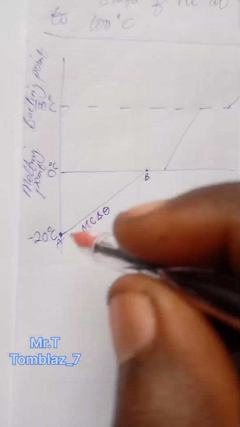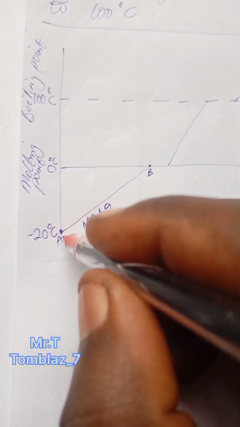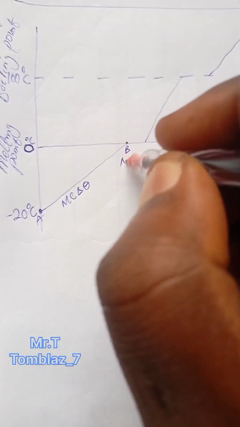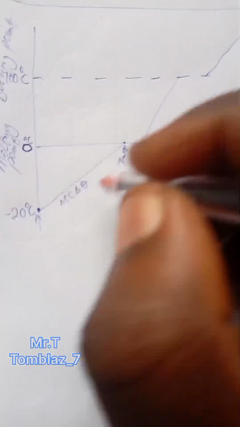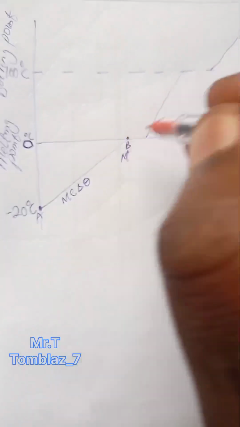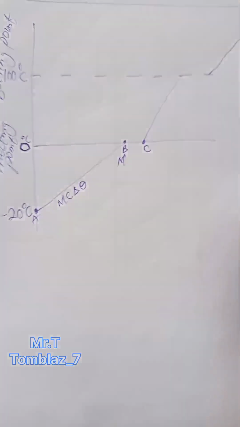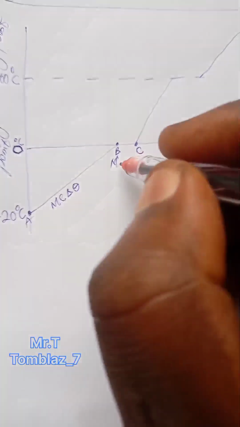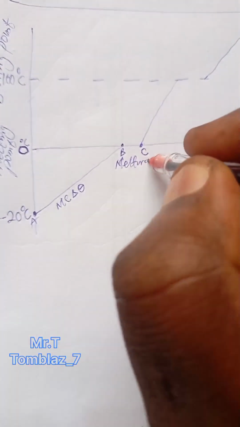So when you apply heat, this ice from minus 20 degrees centigrade will change to ice again at 0 degrees centigrade. But at this point, what takes place is a melting of ice, right? So from this point to this point, let's call it point C, what takes place here is the melting process.